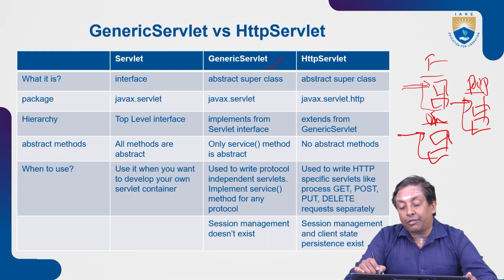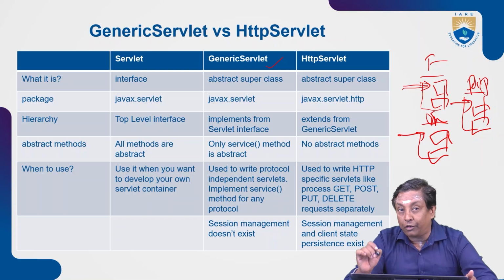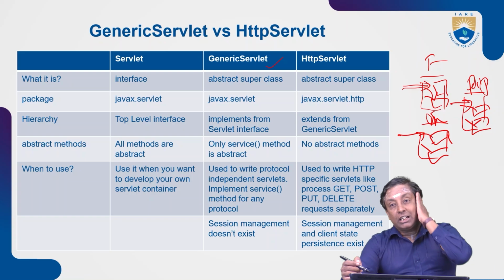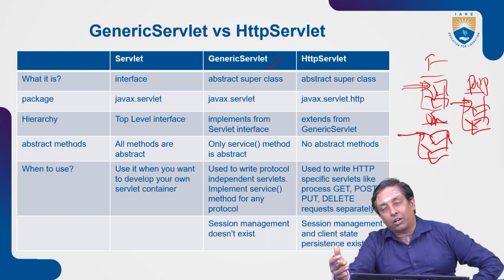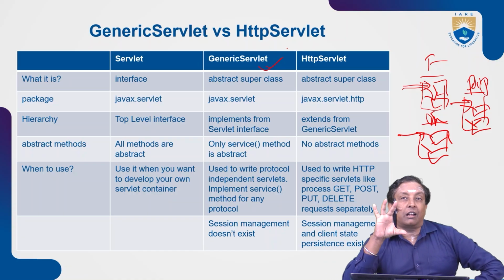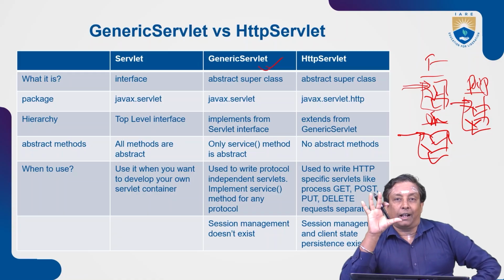If you request the server with its specific protocol, and there is a Servlet container there where you deploy your Servlet, the Servlet can run. The Servlet that can run independent of these protocols, FTP or SMTP or POP3 or any other protocol, is the generic Servlet. The generic Servlet is not specific to the HTTP protocol.